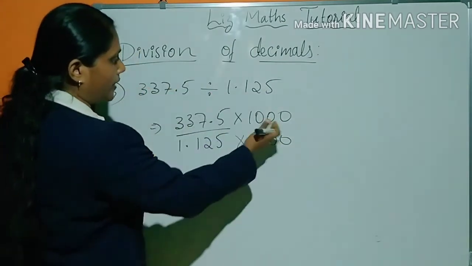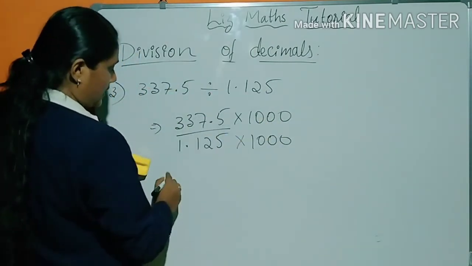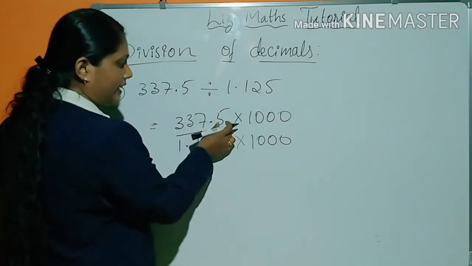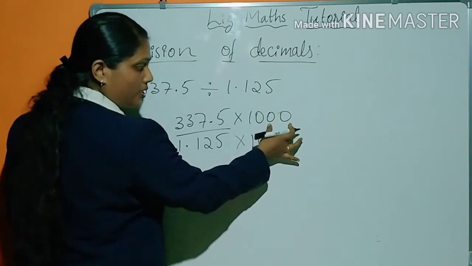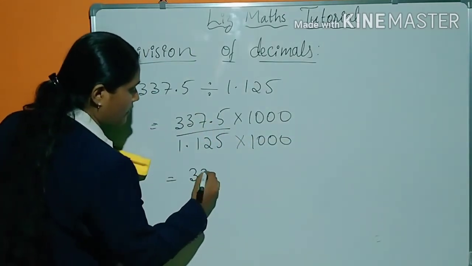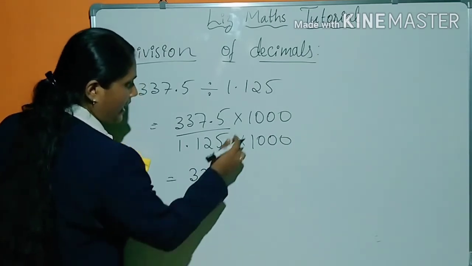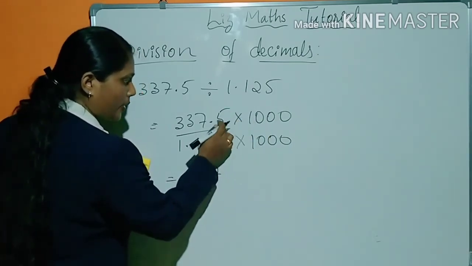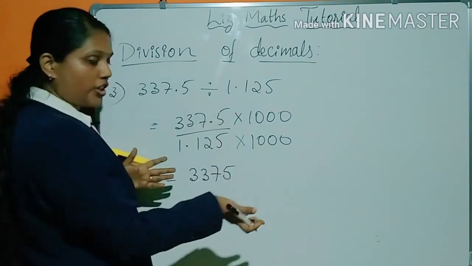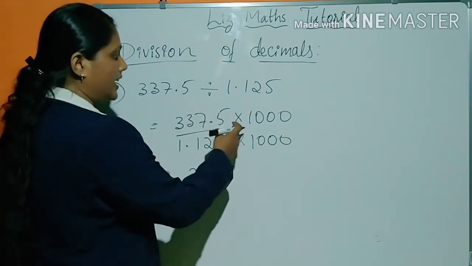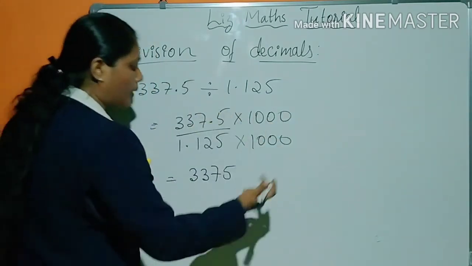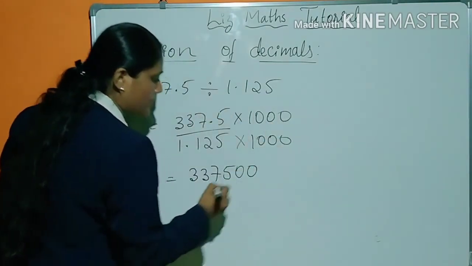So now what you have to do? Multiply with this. So what did you get? Here the 10 will cover this, and 2 more 0s you have to include here. That gives you 3, 3, 7, and when you are multiplying by 10, you are moving the decimal point, and again 2 more zeros are there, so you are moving 2 more places, so those 2 zeros you have to put here.